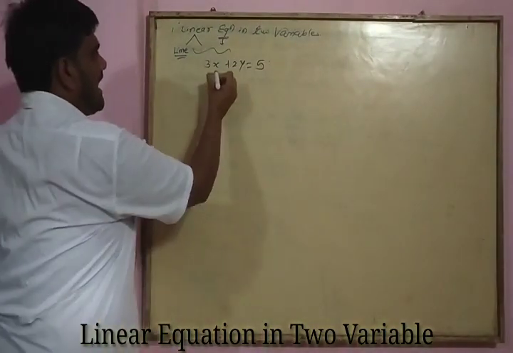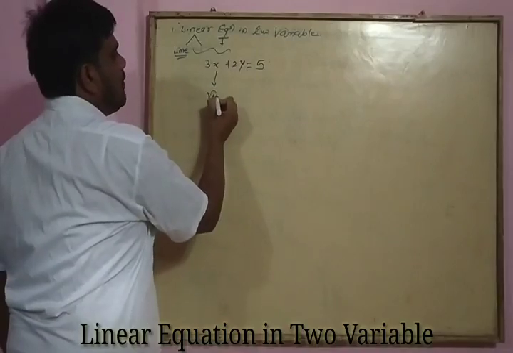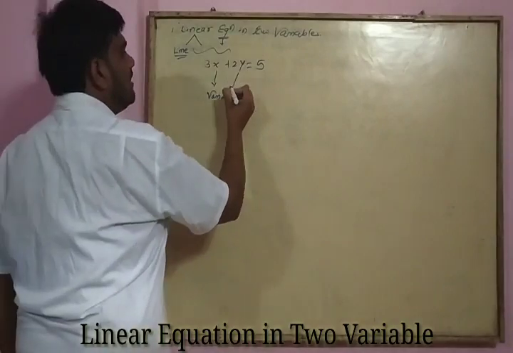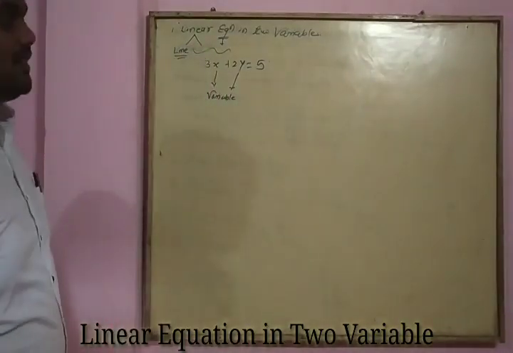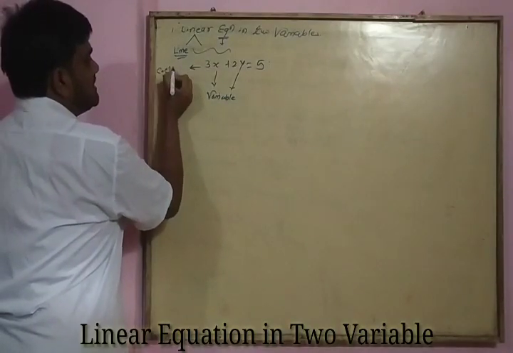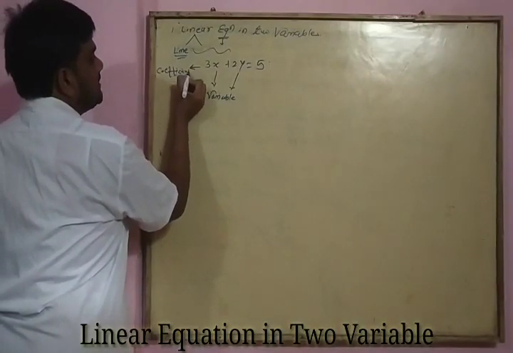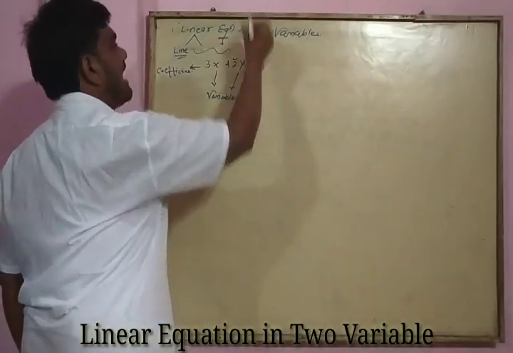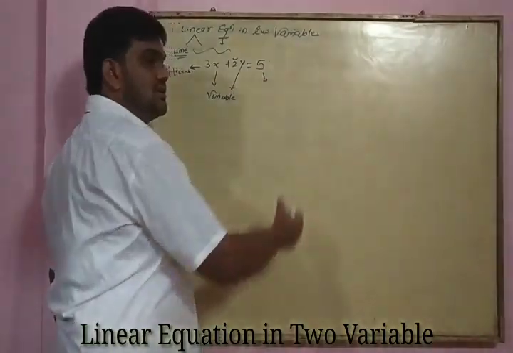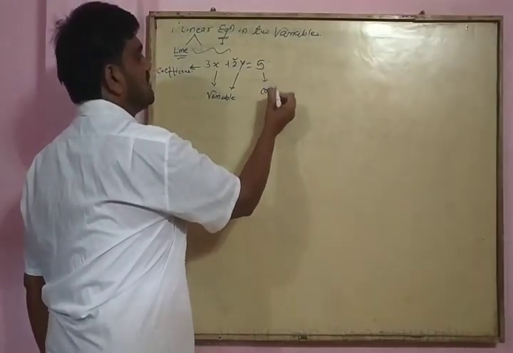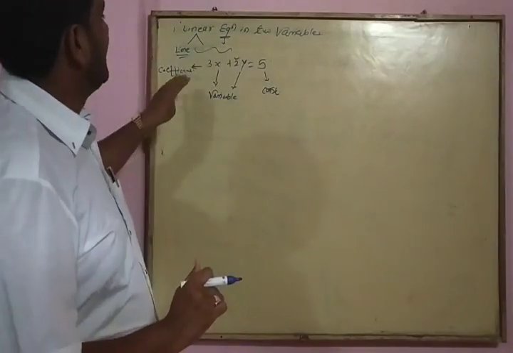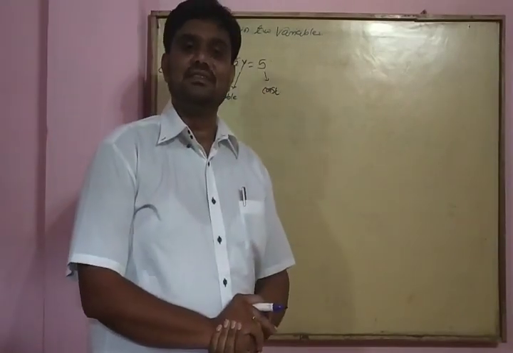Here x is the variable, and y is also a variable. 3 is the coefficient, 2 is also a coefficient, and 5 is the constant term. So students, I hope it is clear what a linear equation means.